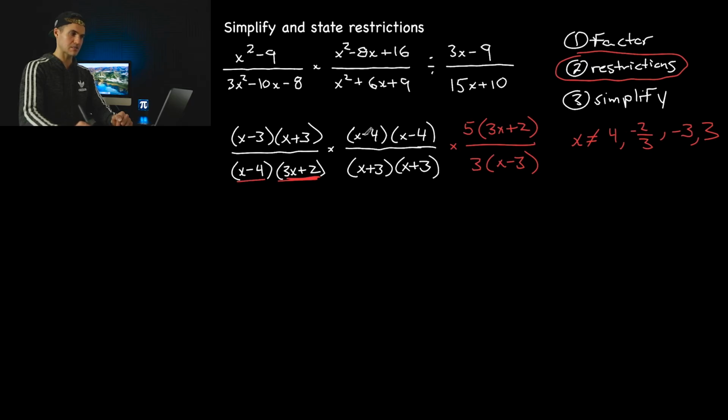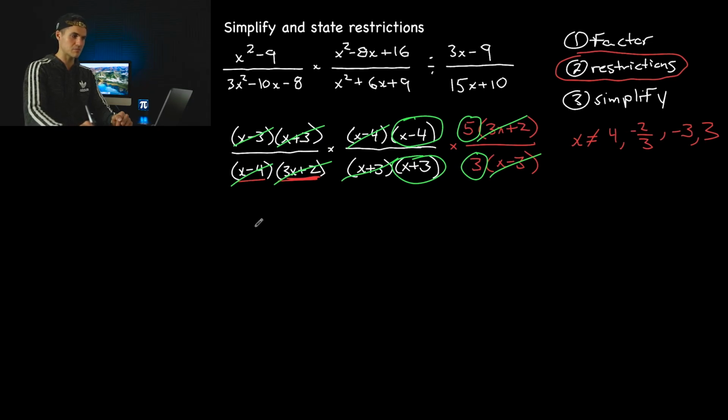So what's going to cancel out here? Well, notice the x minus 4 is going to cancel out. I'm noticing the x minus 3 is going to cancel out, the x plus 3, the 3x plus 2, and then I don't think anything else. So we're left with a 5, the x minus 4, the 3, and the x plus 3.